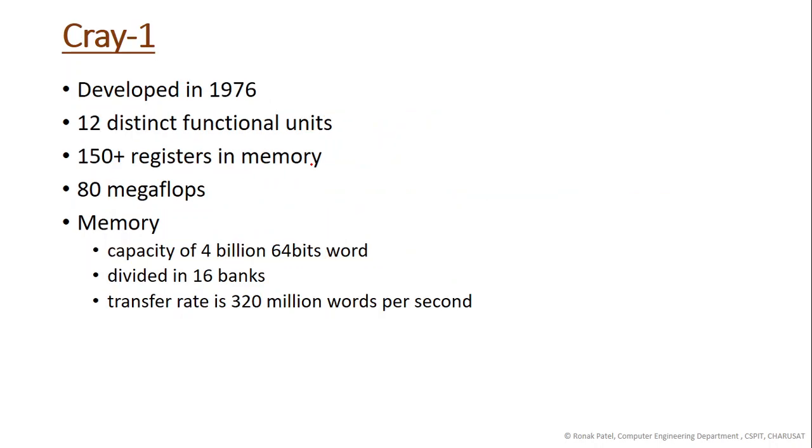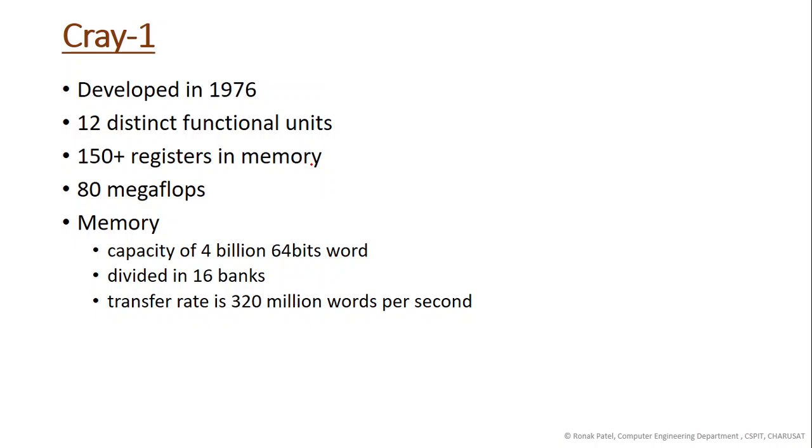This is the first supercomputer, Cray 1, developed in 1976, and it has 12 distinct functional units and more than 150 registers. The performance it gives is 80 megaflops, so it can perform 80 million floating point operations in just 1 second.